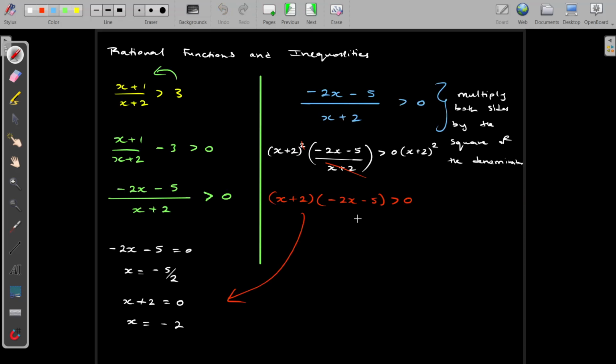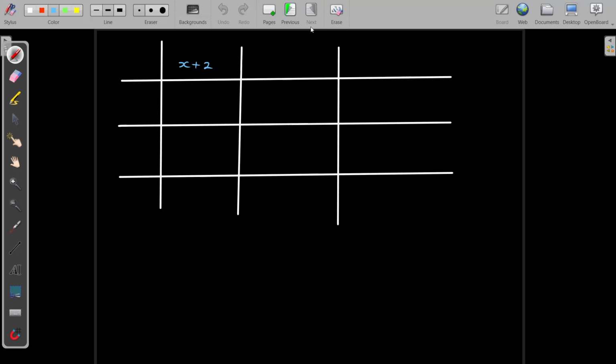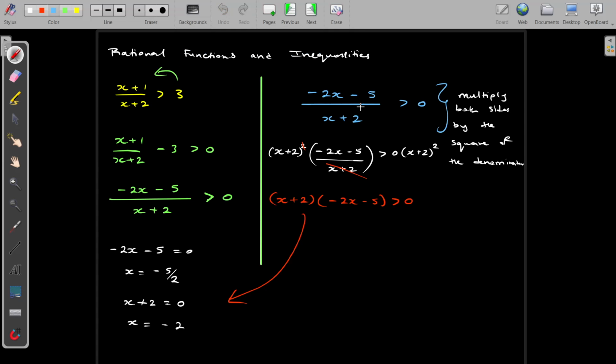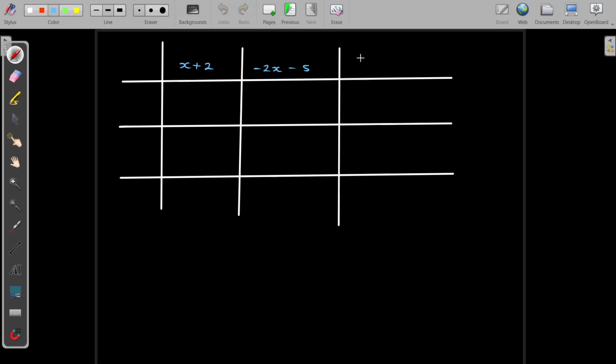The next factor would be minus 2x minus 5. And lastly, combining these, we would write them in fractional form. So it's minus 2x minus 5 over x plus 2. And here is blank.